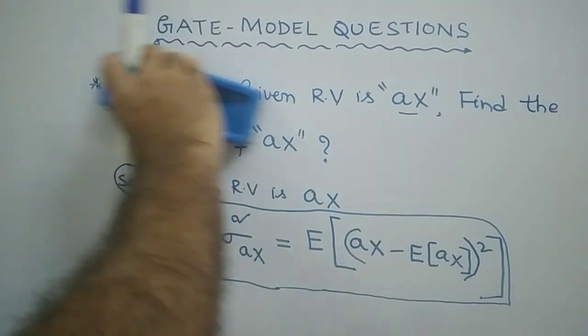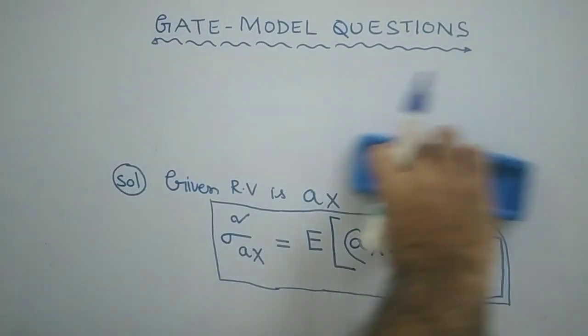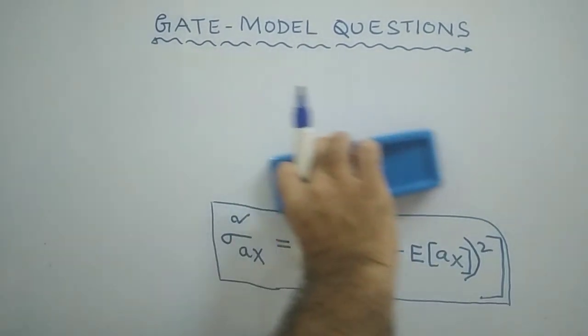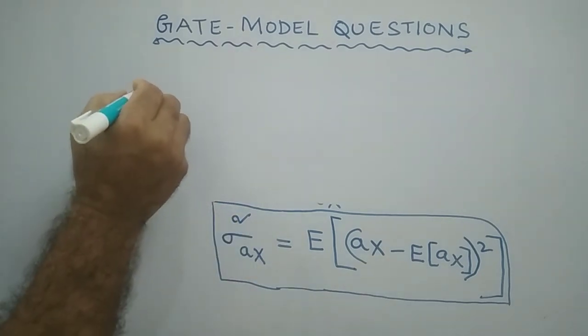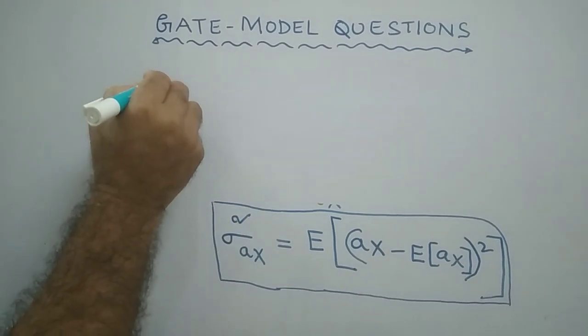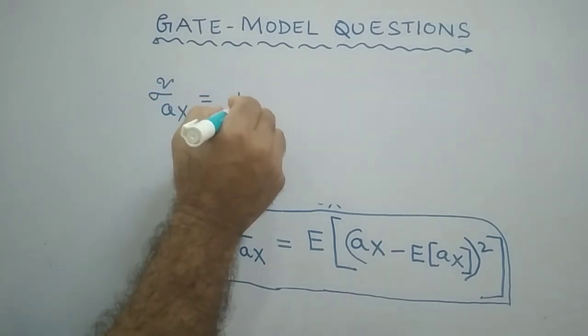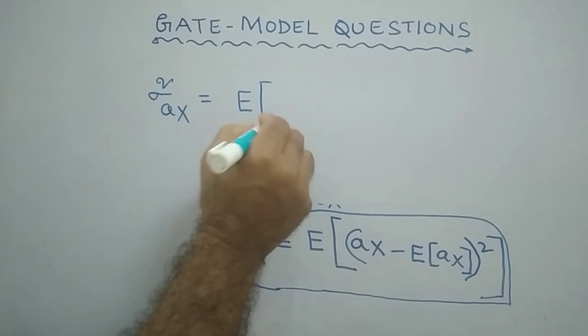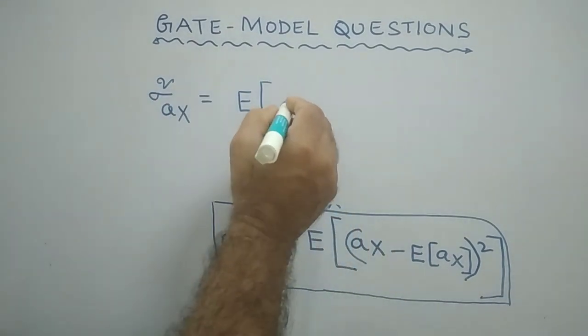Now, if you expand this particular expression, what you will get: sigma square ax is equal to the expectation, and here a into x, let us take a as common.